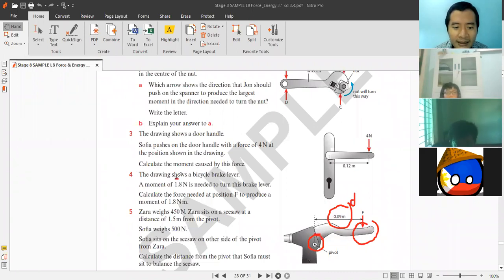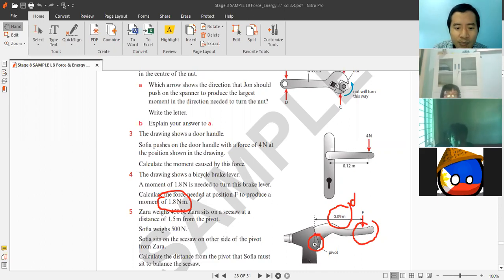Okay. Now, the next. What is 1.8 Newton meters? Is it moment or force? Moment. Okay.